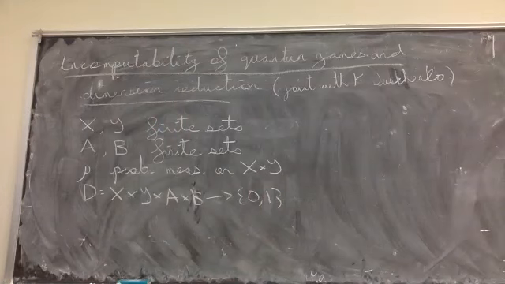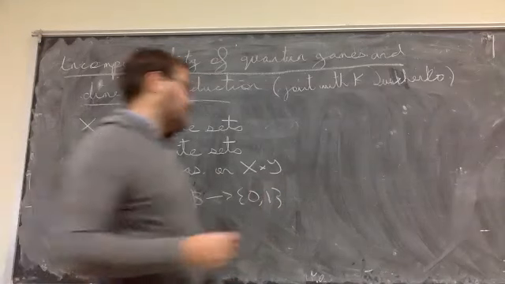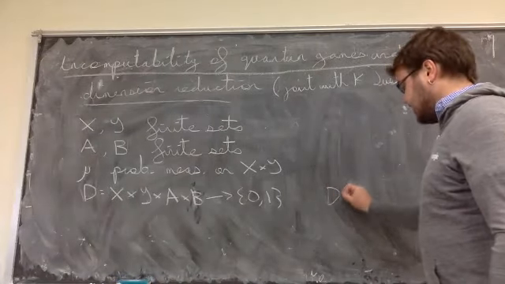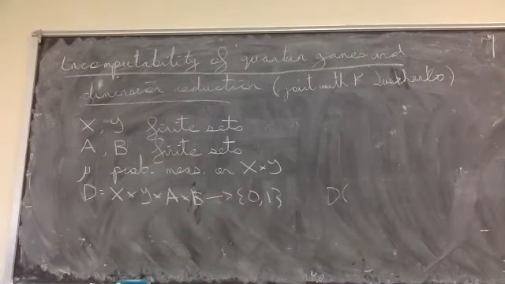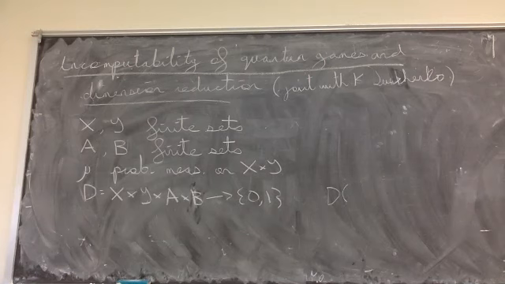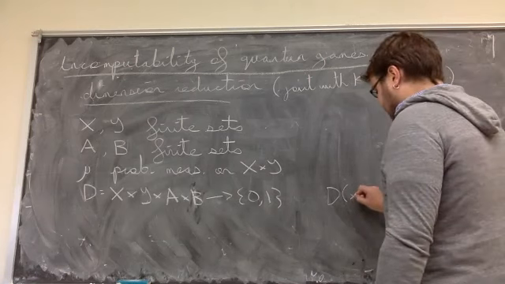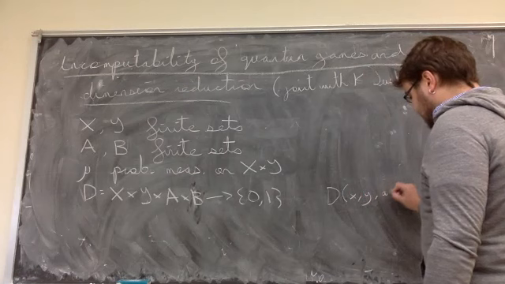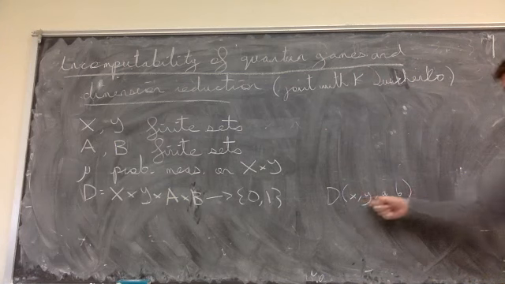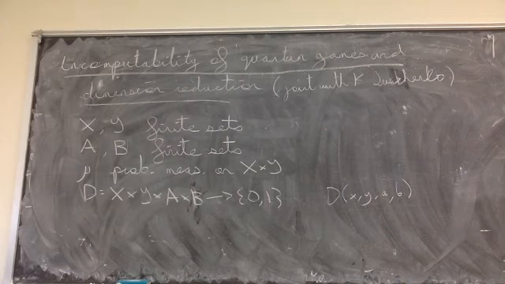This D is supposed to be some kind of verifier or impartial referee for the game. What we're trying to do with the game is answer these questions correctly. So if I have two questions and two answers, then D of this quadruple is supposed to be 1 if these are the right answers and 0 if these are the wrong answers.